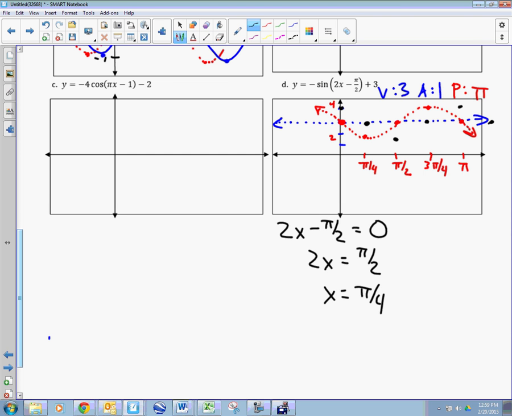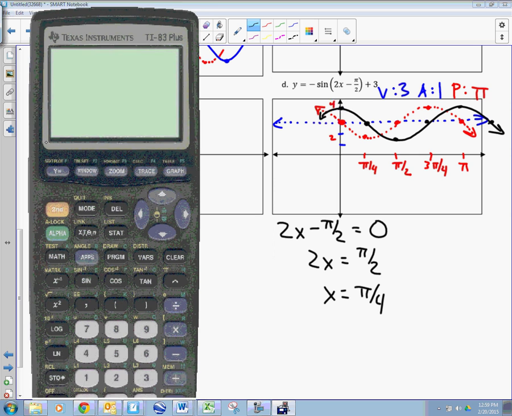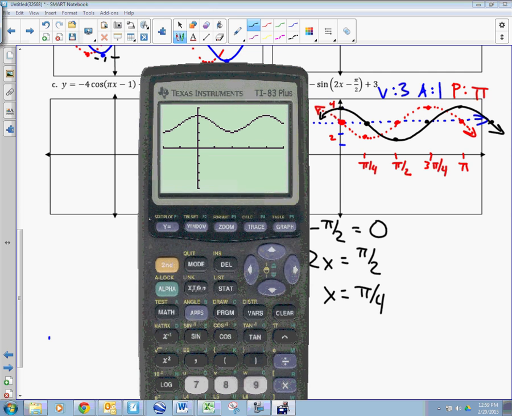Because each tick mark is labeled as pi over 4. If we were to sketch that on our calculator, that's exactly what we get. There it is. There's my graph.